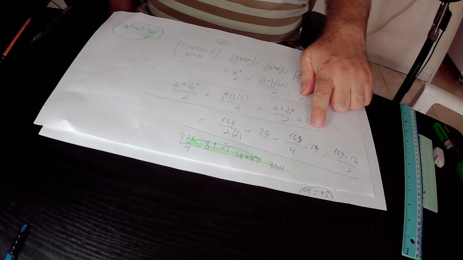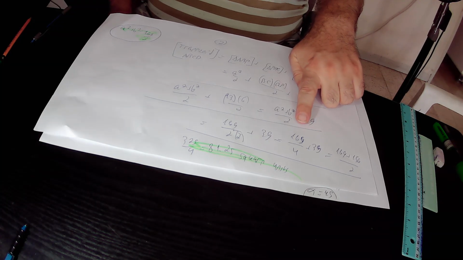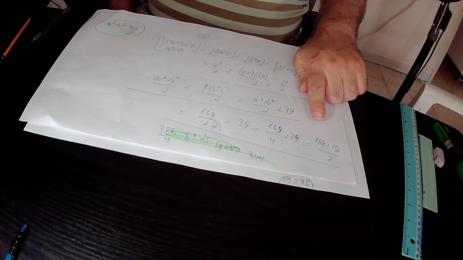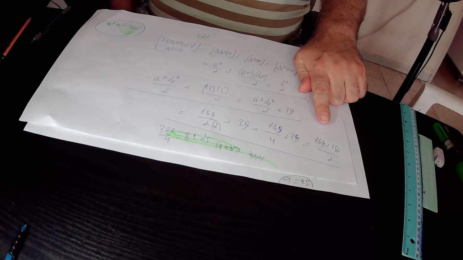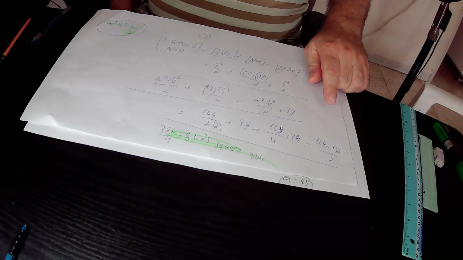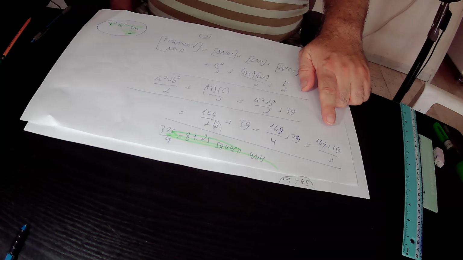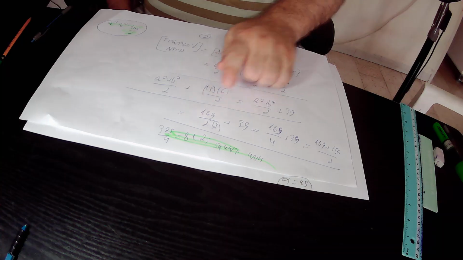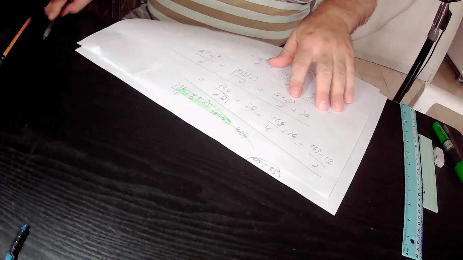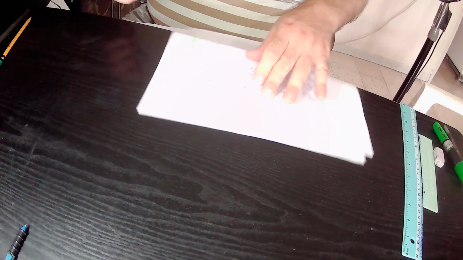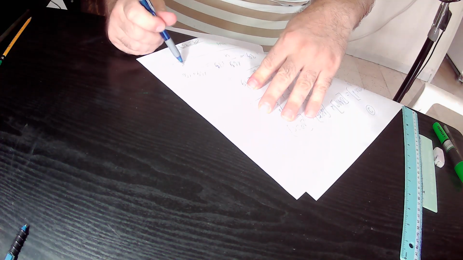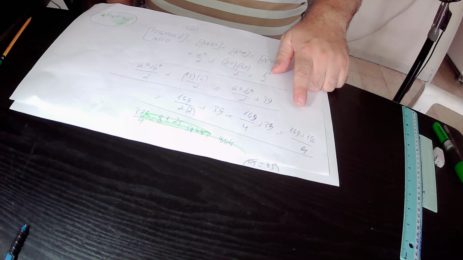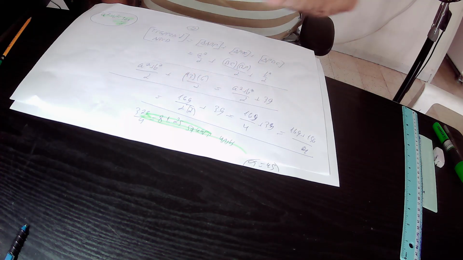Here we multiply 39 by 4 and then divide by 4 in order to have a common denominator. So in the numerator we have 169 plus 39 times 4, that is 156, so 169 plus 156 is 325, over 4. So in total, the trapezoid ABCD equals 325 over 4.